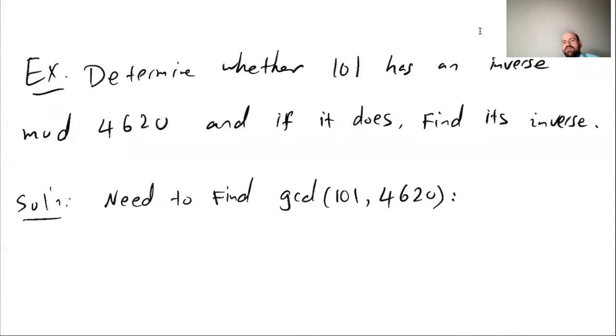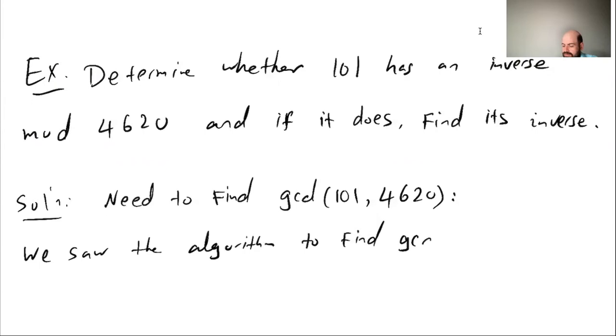So how can I calculate the GCD of two numbers? If you remember, we saw the algorithm last time. We have to do the long division, right? We saw the algorithm to find the GCD of two numbers, which we called the Euclidean algorithm.